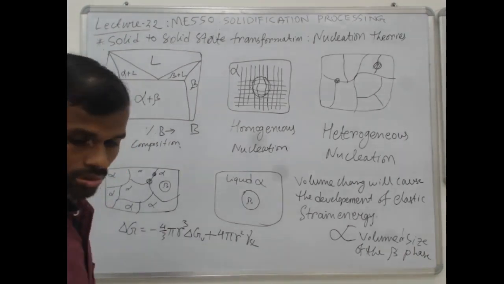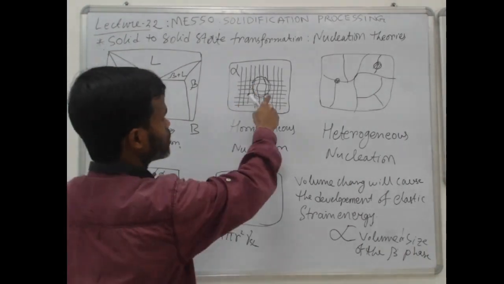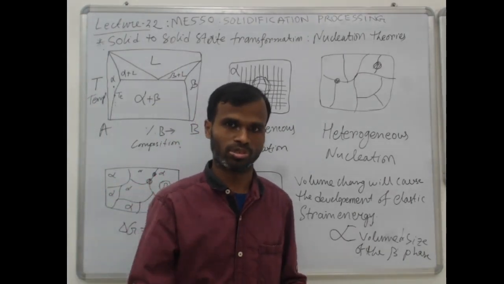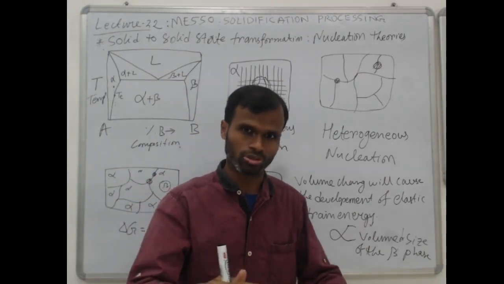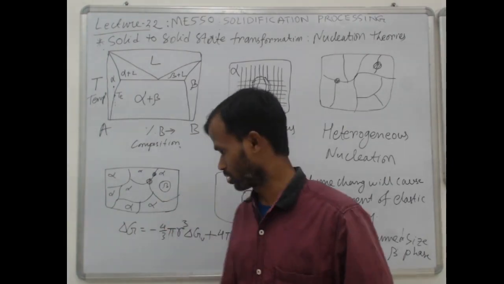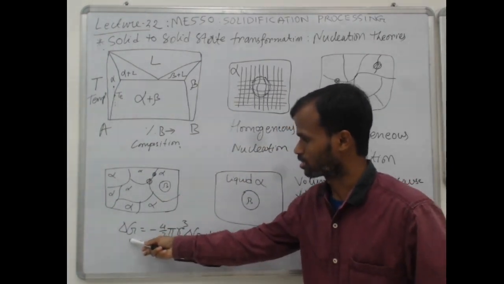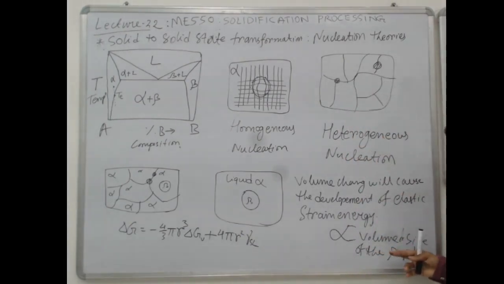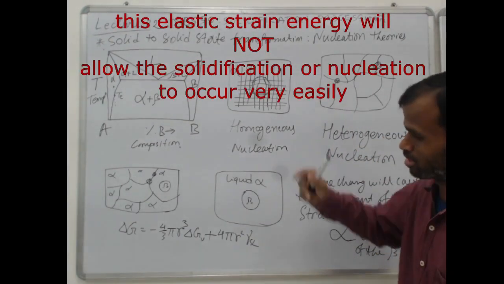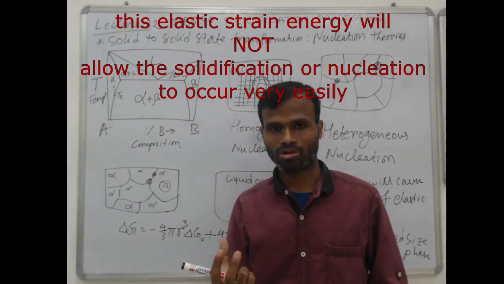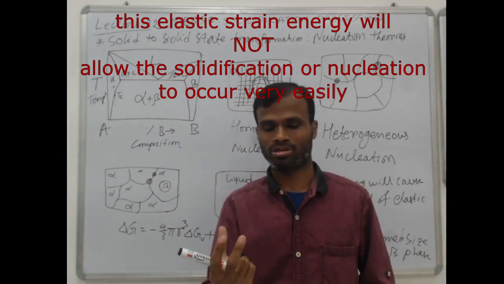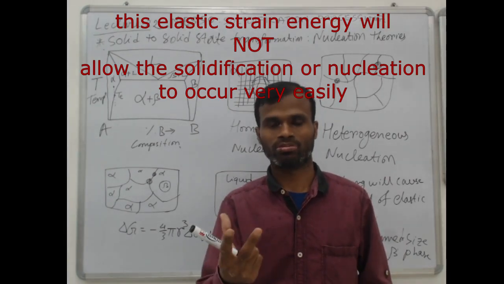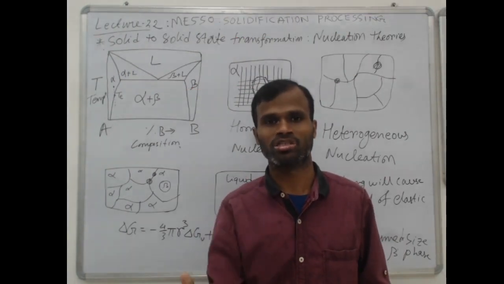So now this kind of strain energy is an additional term in the solidification energy terms. This elastic strain energy will not allow the solidification or nucleation to occur very easily, so this is a kind of resistance.